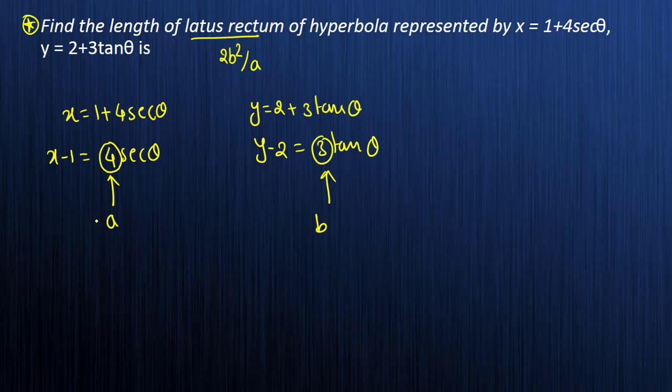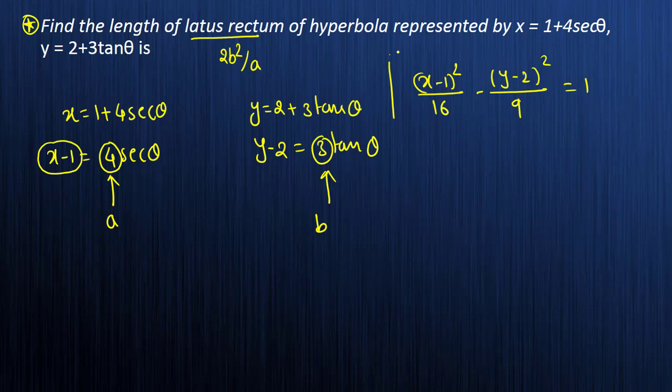So what will be the equation of the hyperbola? Instead of x you have x minus 1. So write x minus 1 whole square upon a square, which is 16, minus, instead of y you have y minus 2, that is a shifted hyperbola, y minus 2 whole square upon b square, which is 9, equals 1. That's it. This is the equation of the hyperbola.